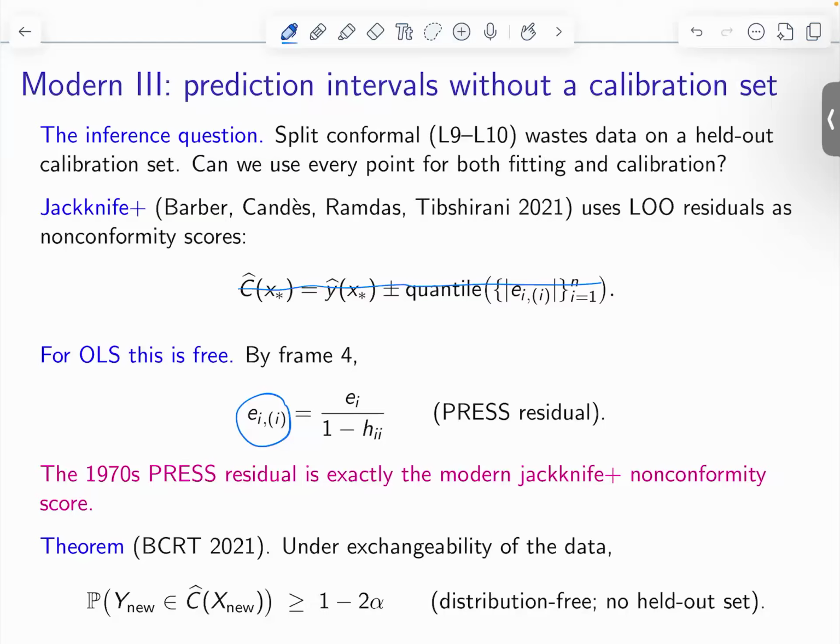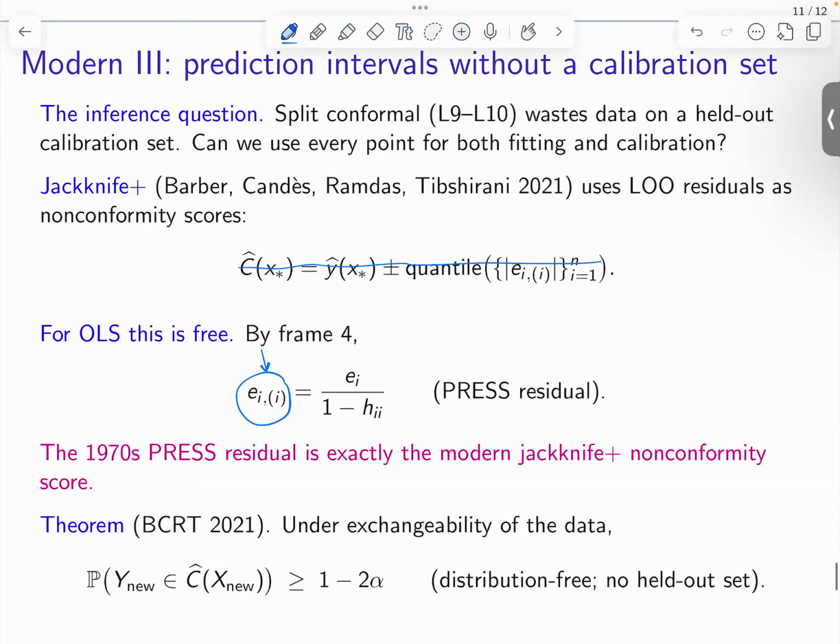It's as if you're calibrating on this data point, but I can move it around and compute all of them. So we have trained on all data and calibrated on all data as well. If I manage to combine these into something that gives me a conformal prediction interval, then I'd expect to have a much better, maybe smaller, interval.